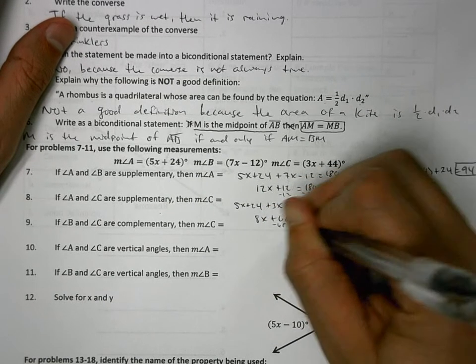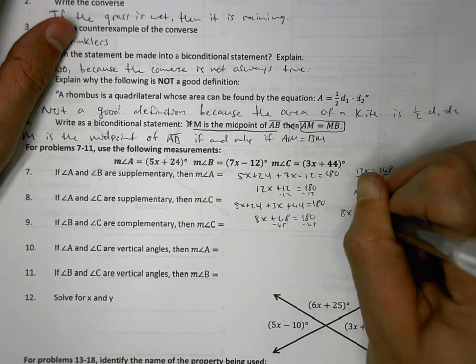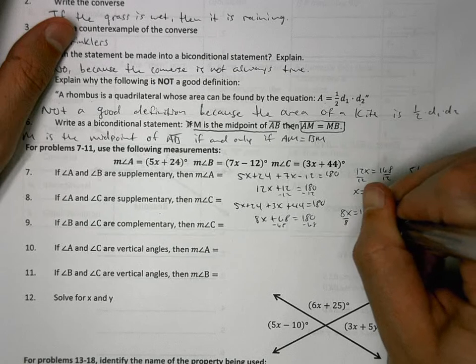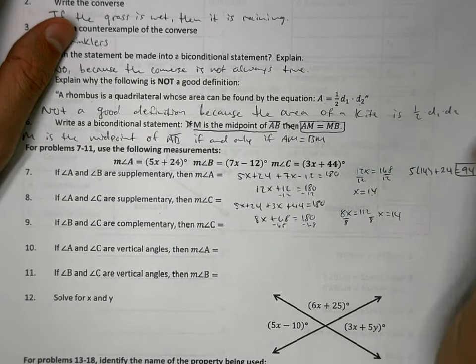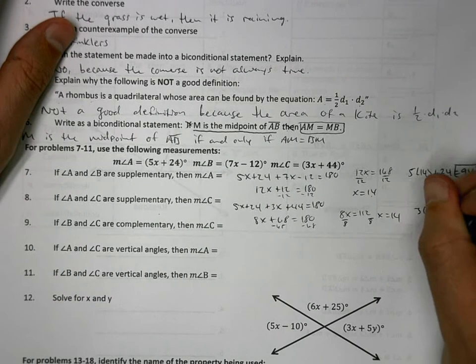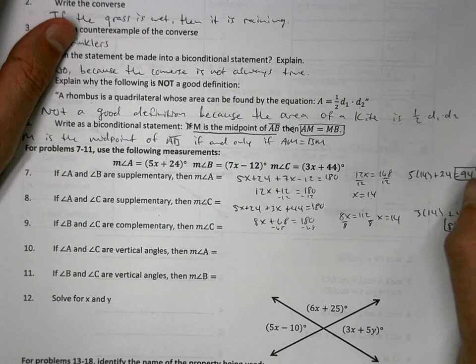Subtract 68 on both sides to get 8x equals 112. And divide both sides by 8 to get x equals 14. Again, we got to plug it back into C. So 3 times 14 plus 44 is a grand total of 86 degrees.